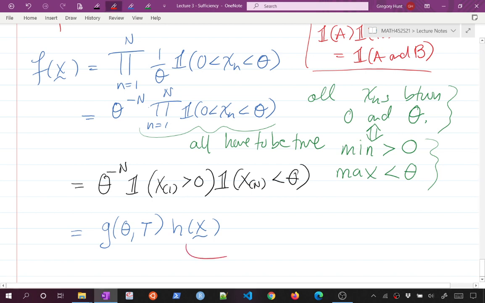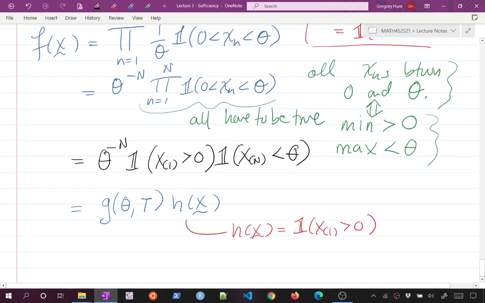Well, h of x can't depend on theta, so I'm going to pull out parts that depend on x and not on theta. This indicator function for the minimum depends on the x's and doesn't depend on theta. And g of theta and t has to include everything that involves theta. So it certainly has to have theta to the negative n. And it's going to have this thing.